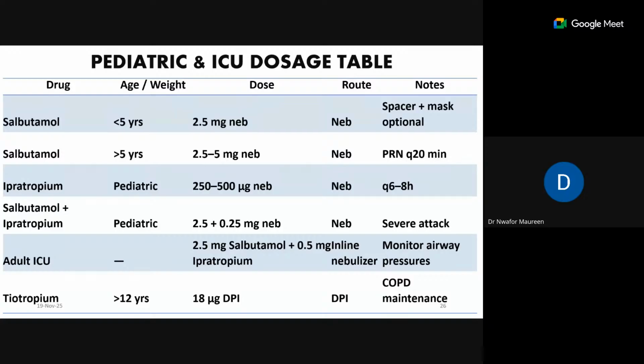For adult ICU, prefer to use up to 2.5 milligrams salbutamol. May add it with ipratropium. Always monitor airway pressures. So this is basically standard dosing. Remember, I said for pediatrics, age- and weight-based dosing is very important.